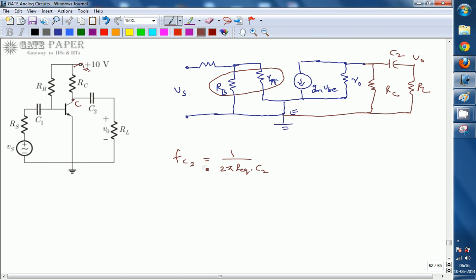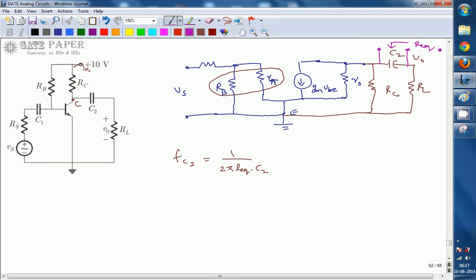That is, across these two terminals. Whatever the equivalent resistance you get between these two terminals will become R equivalent.